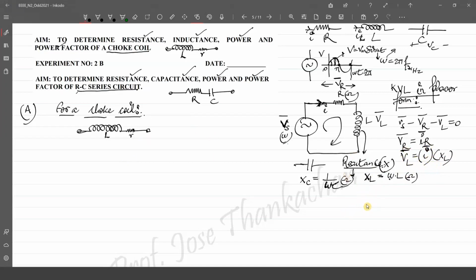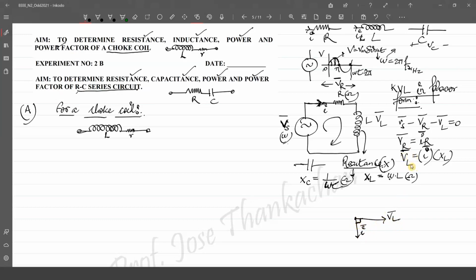Because for an inductor, whenever you draw the phasor diagram, if this is your voltage VL across the inductor, then the current I flowing through the inductor will be lagging the voltage VL exactly by 90 degrees. So this is your phasor VL and this is your phasor I, with a 90-degree lag of the current to the voltage across the inductor if it is a pure inductor.